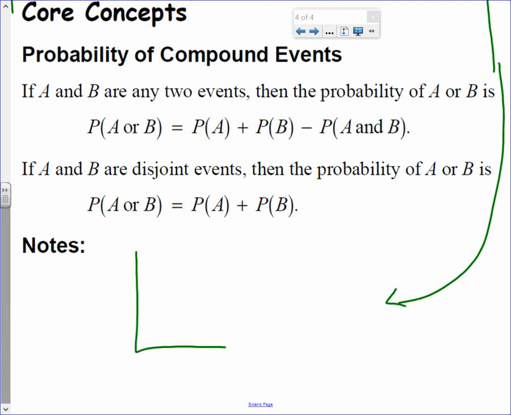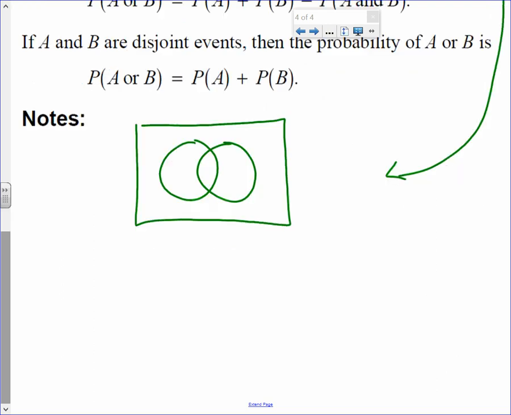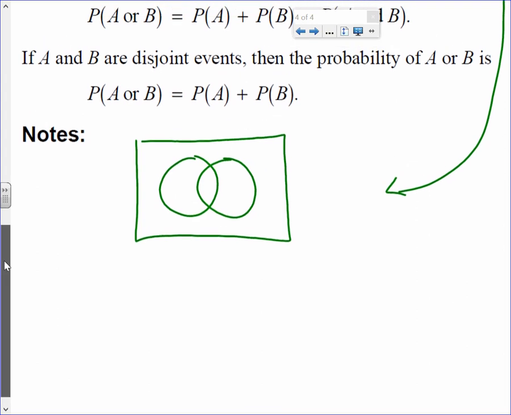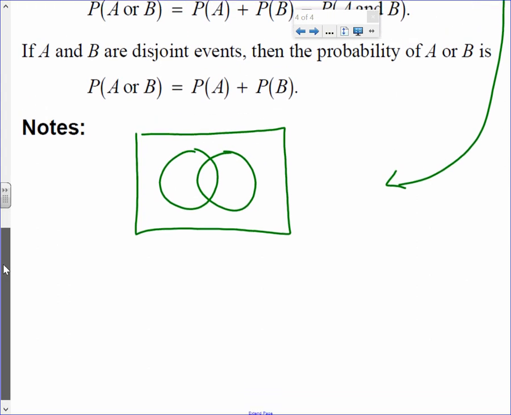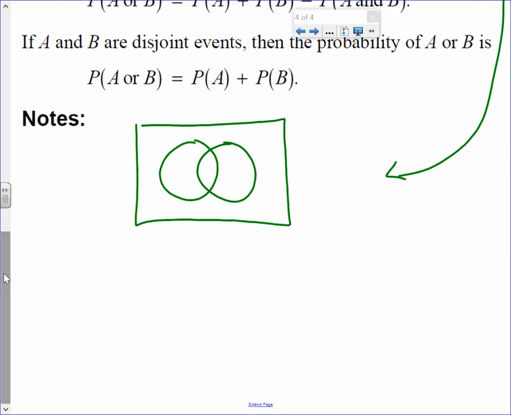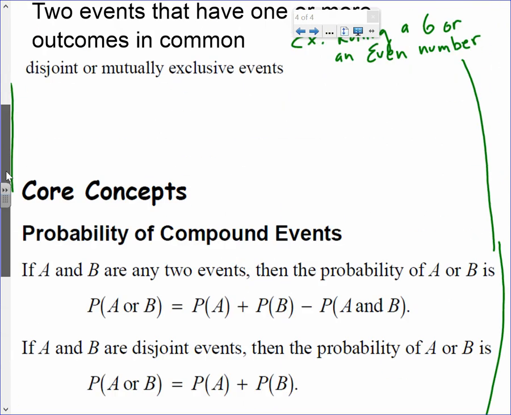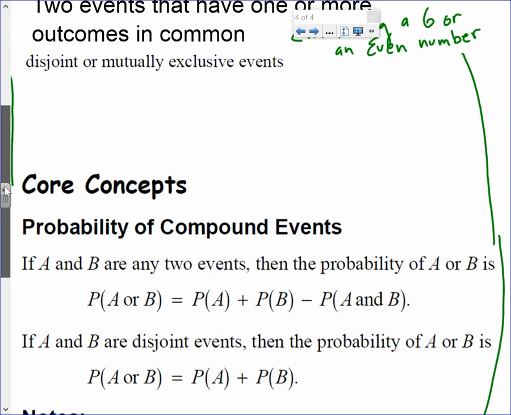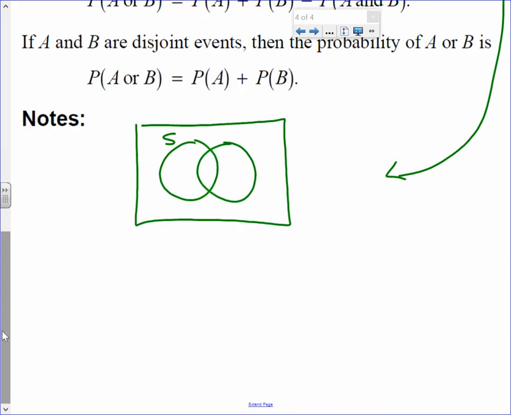Draw a rectangle and two intersecting circles. The first category is a 6. The second category is an even number.